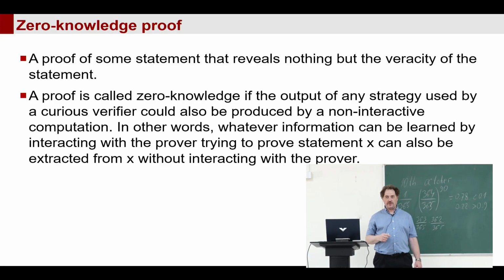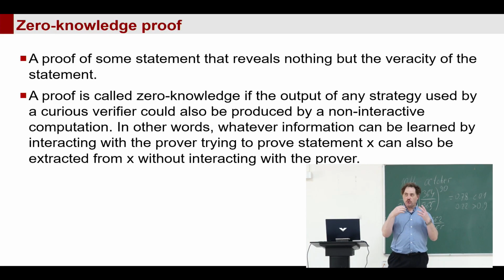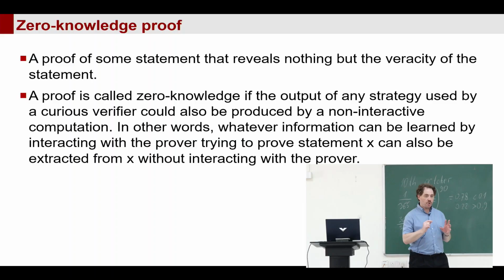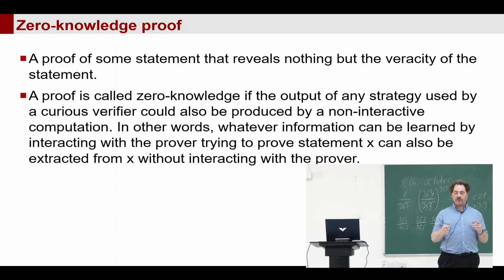I'll try to show that they indeed are proof systems, complete, sound, and also zero knowledge. And later I'll also explain that zero knowledge is heavily used in blockchain. It's also used in many applications such as digital identities and verifiable credentials.